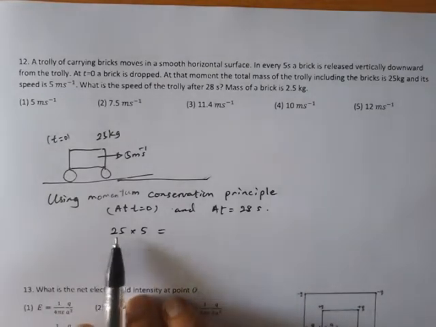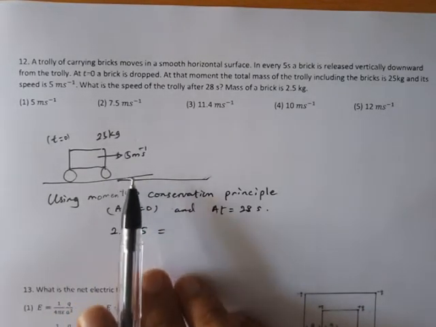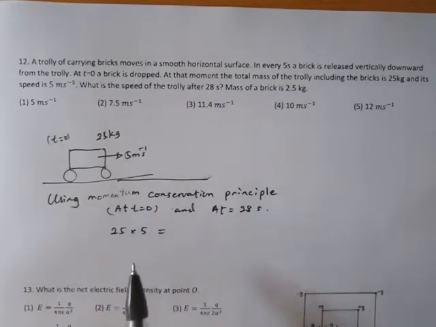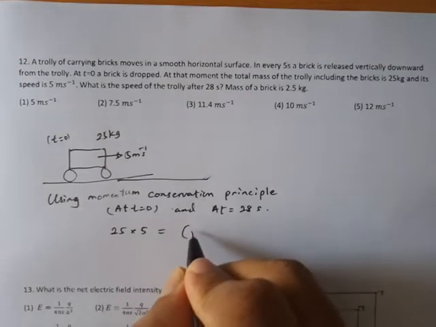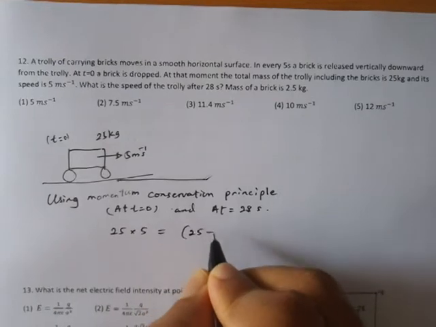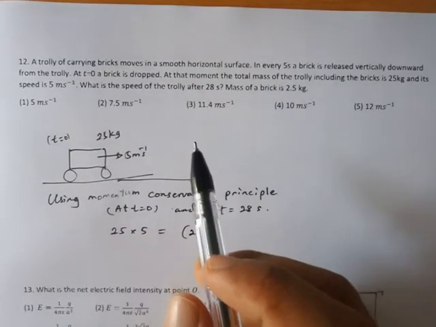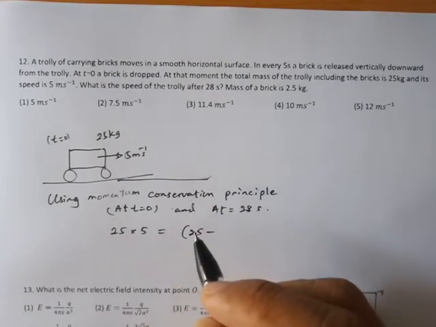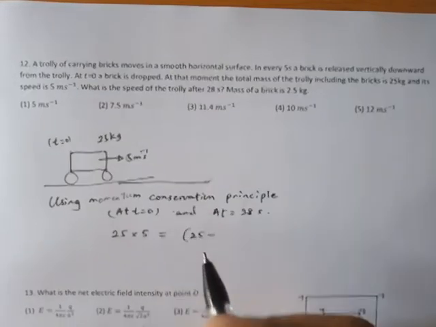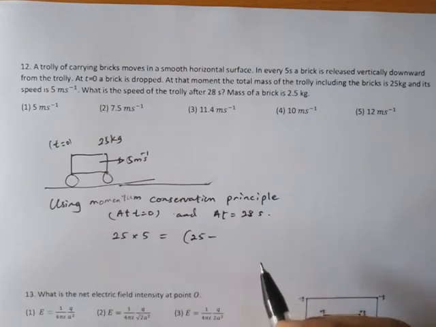Okay, and the mass after 28 seconds. We know that every 5 seconds a brick is dropped. So I can write the mass after 28 seconds is 25 minus, so we know after 5 seconds one brick is dropped, after 10 seconds the second brick is dropped, and at 15 seconds the third is dropped, like that.